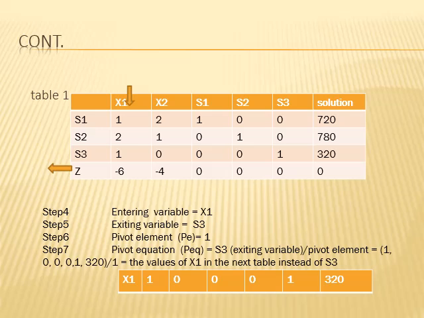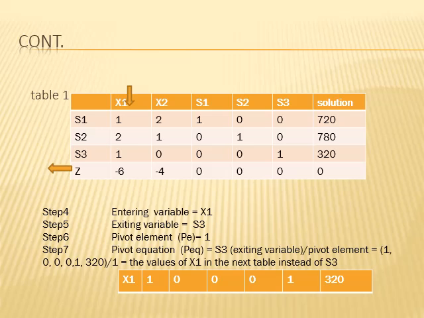So the biggest negative value is shown here. We have two negative values. x1 faces -6, x2 faces -4.